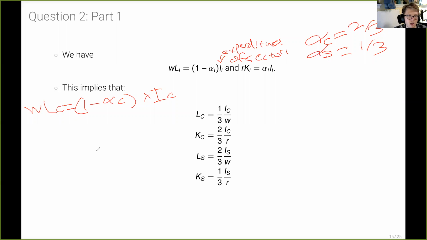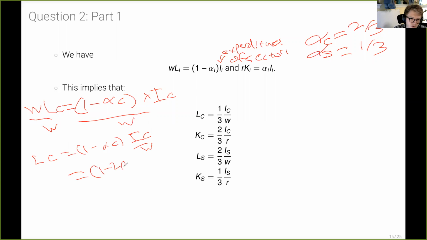Okay, so if I just divide on both sides by W, what does this give me? This gives me that L_C is equal to 1 minus alpha_C times I_C over W. And now I'm just going to plug in for alpha_C, which is 2/3. So this gives me 1 minus 2 over 3 times I_C over W. So that's just going to give me 1/3 I_C over W, which is exactly what this is.